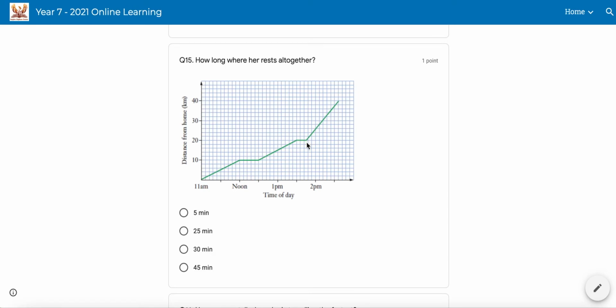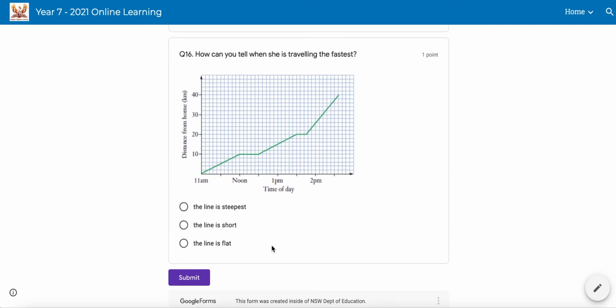How long was she on this break for? From 1:30 to 1:45, it's just 45 minus 30, which is 15. So this break was 15 minutes long. And this break over here was 30 minutes long. So 30 minutes plus 15 will give you the total time for both of her rests. So 30 plus 15 is 45.